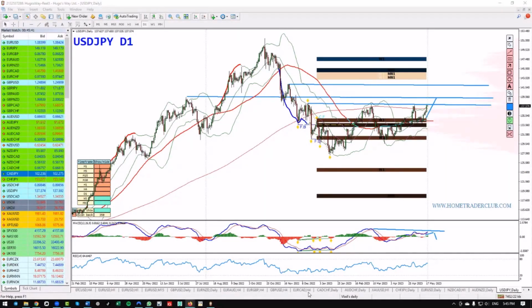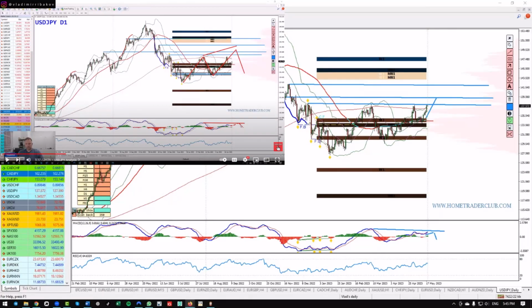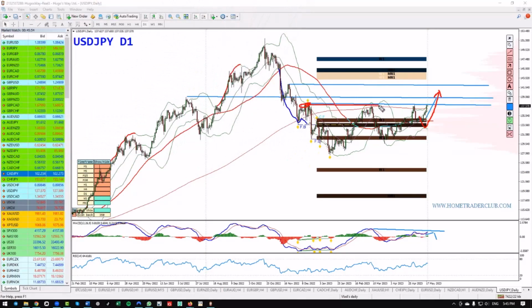And now let's go to the dollar yen. The idea we discussed on the weekly forecast was to see the dollar yen climbing towards these key rejection zones. We have a first rejection zone, and a second rejection zone, which is the previous high of the massive daily uptrend, close to 140. Slightly higher than that, we have a broken support that became a resistance and has been holding since.